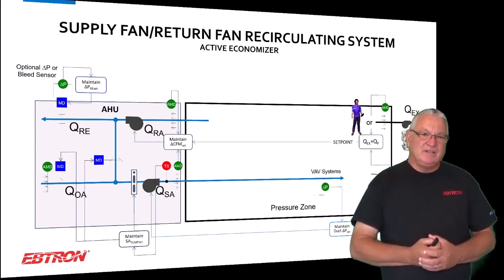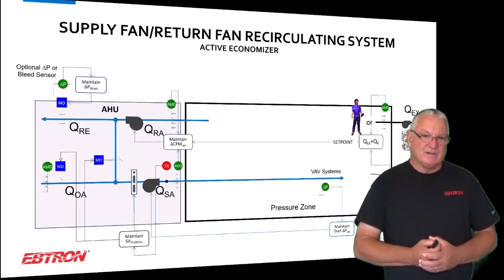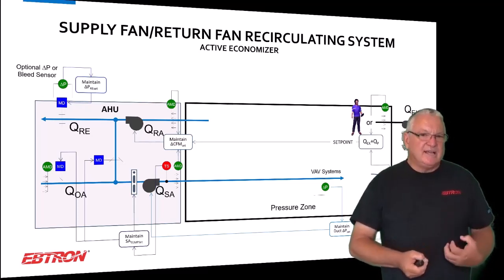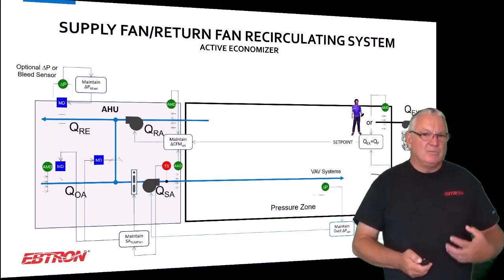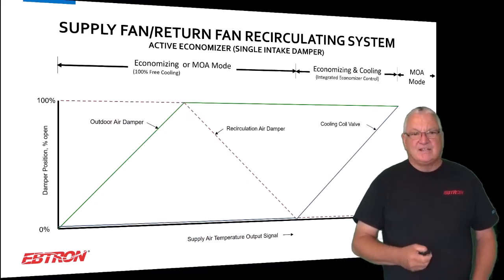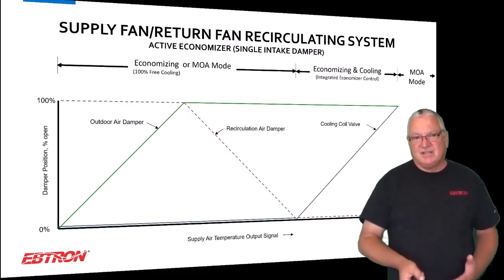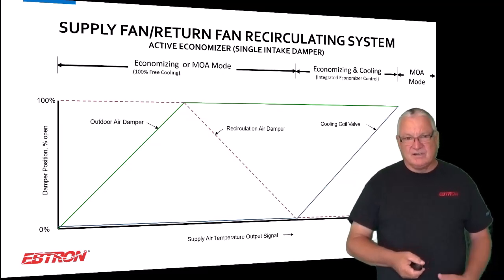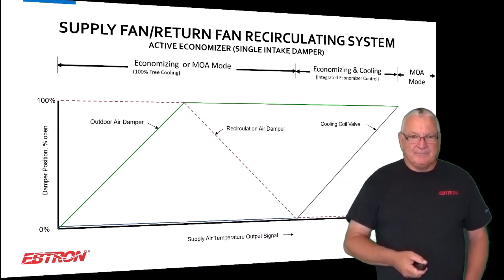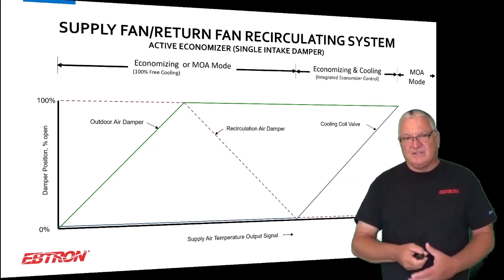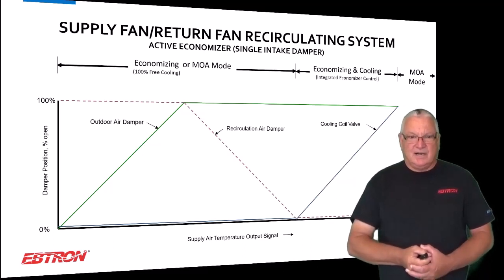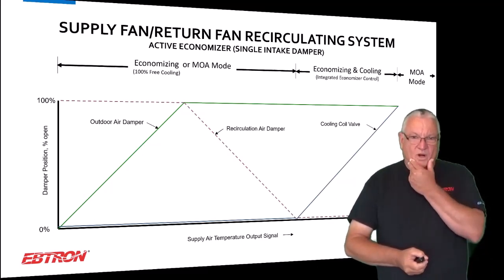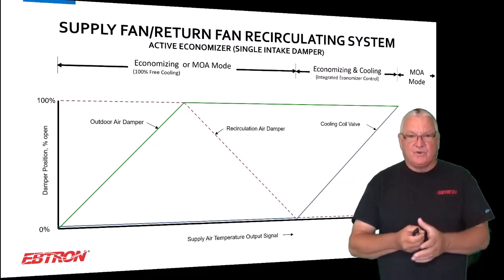So you're not really using the outside airflow meter, although you should be looking at it because you don't want to fall below minimum. And that's what I'm kind of going to say here when you see the different colors come up. So this is basically your supply fan, return fan, recirculating system. What are we doing here for the economizer?